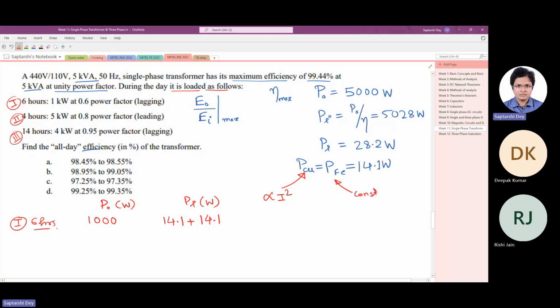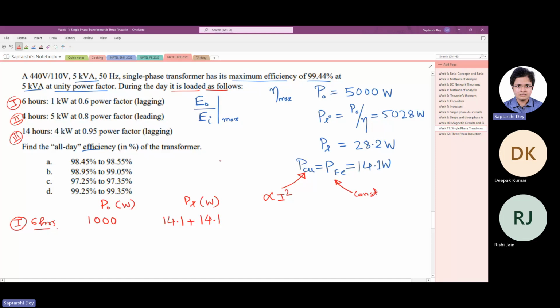So let us talk about the current. During 5 kilowatt, the current was something.